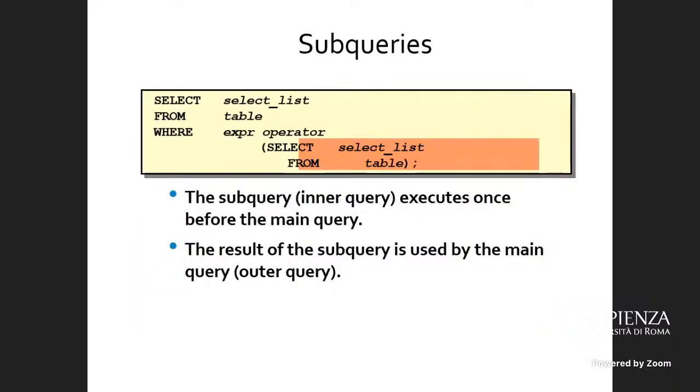Now, the way we will write that is still the same thing we are writing. We have select list from table where salary is greater than, from this select list. So the inner query executes before the outer query.